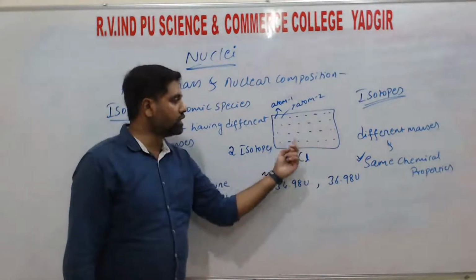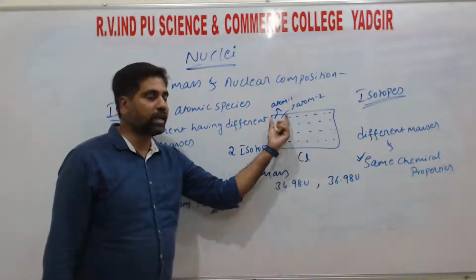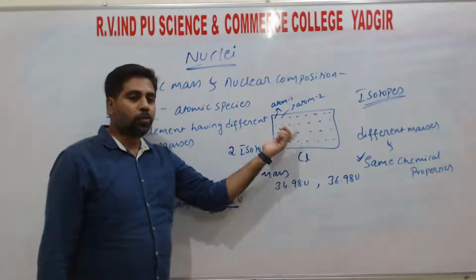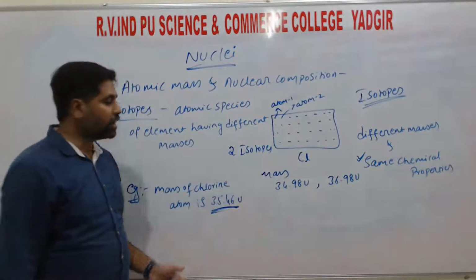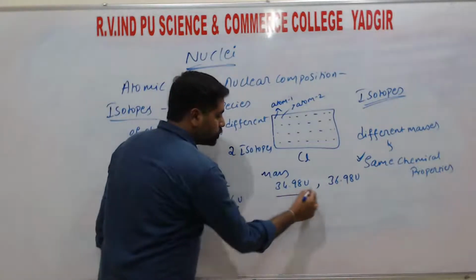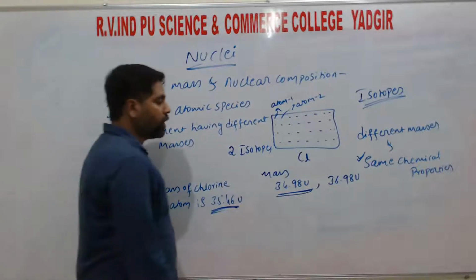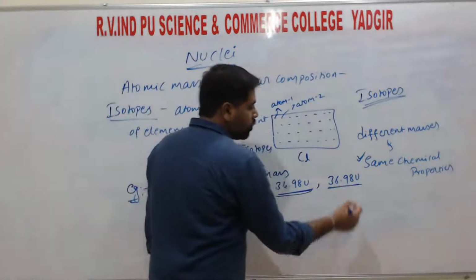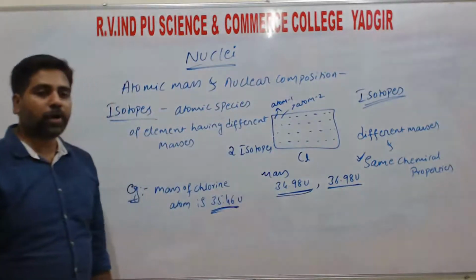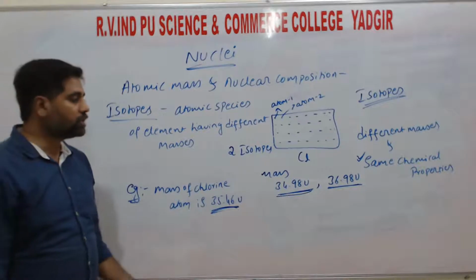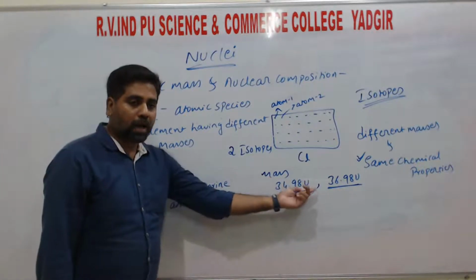So understand this one. This chlorine consists of a number of atoms, and each atom possesses a different mass, right? Certain atoms possess the mass 34.98 U, and the remaining atoms possess the mass 36.98 U. That means it has two masses.